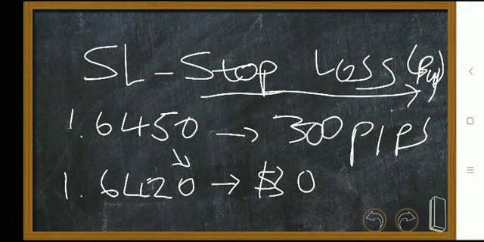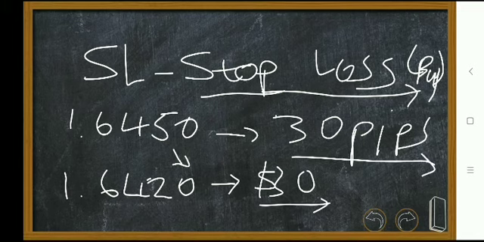That means you would have lost about $300. But since you put your stop loss, you were able to lose only $30 at 30 pips. I hope this makes sense. This is for a buy. For a buy, your stop loss is set lower than your entry price, lower than your entry point.